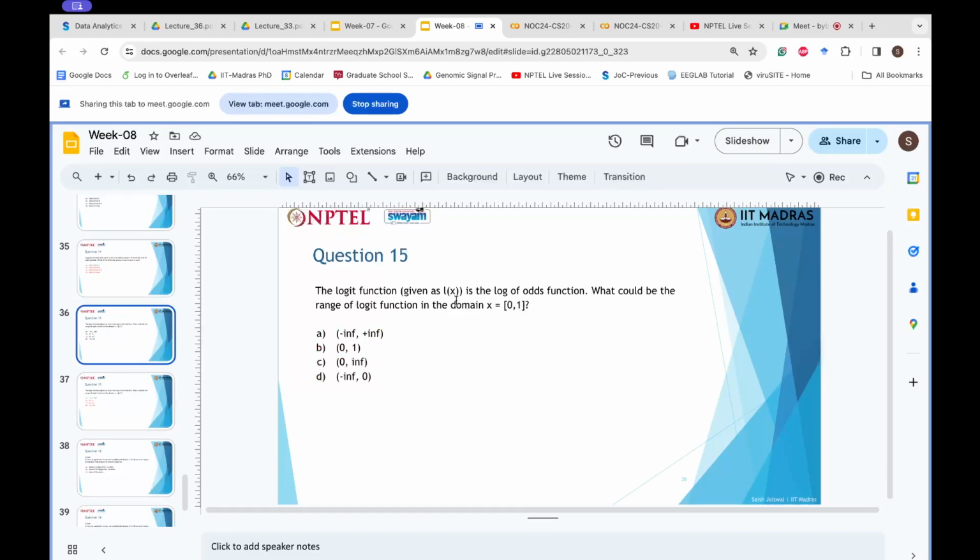The logit function, given as L of x, is the log of odds function. What could be the range of the logit function in the domain x equal to 0 to 1? Let me just show it to you on the iPad quickly.